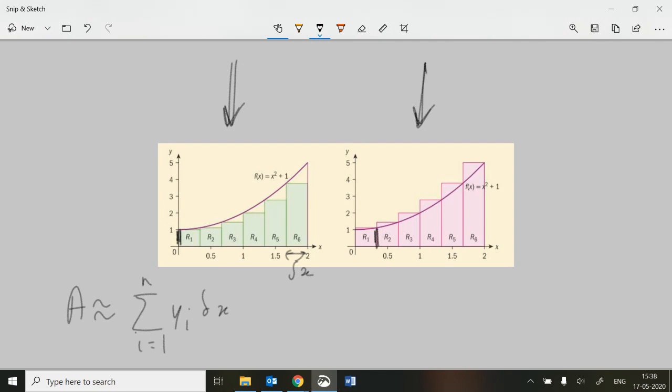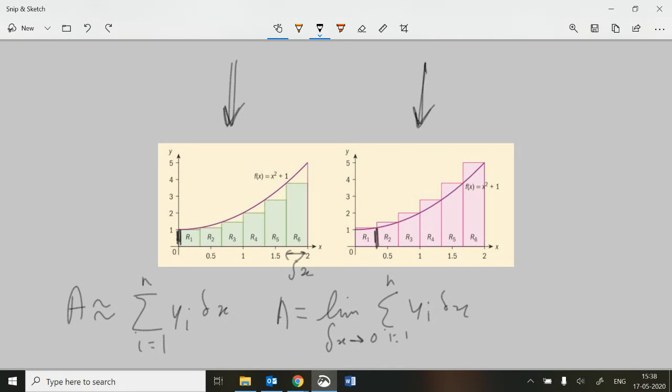So now if we could actually take a limit as our delta x tends to 0 of this thing here, then we're going to get, in our case 1 to 6, but the general formula is summing from 1 to n of yi delta x. If we can take this limit, then it won't be an approximately equals, it will be an exactly equals.